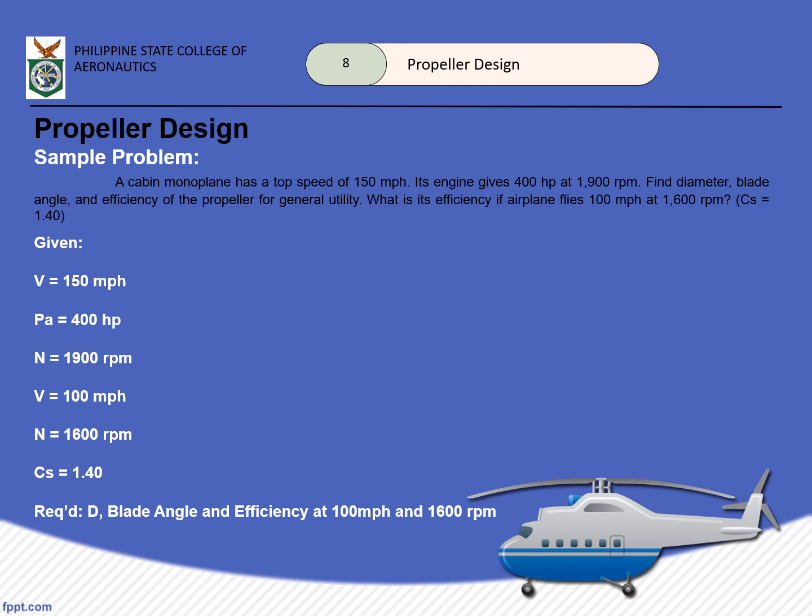So for velocity, again, alam niyo na yan, multiply by 22/15, that would give us 220 feet per second. So, power absorbed naman, again, multiply it by 550 in order for you to have, I think, 220,000 foot-pound per second.